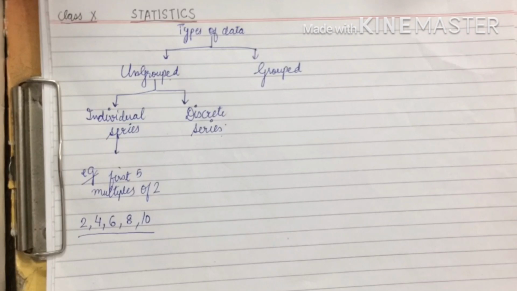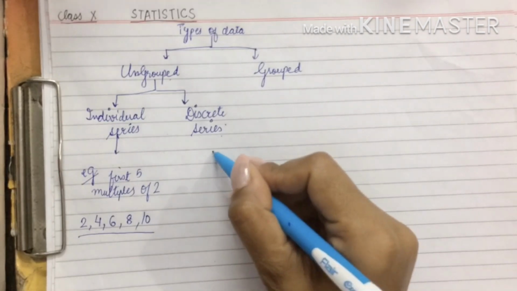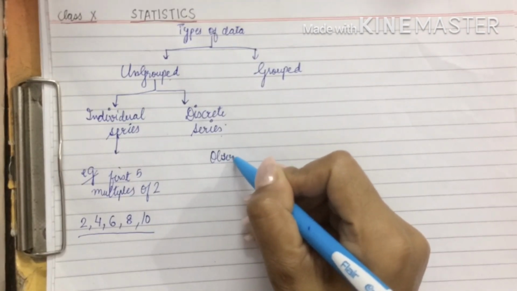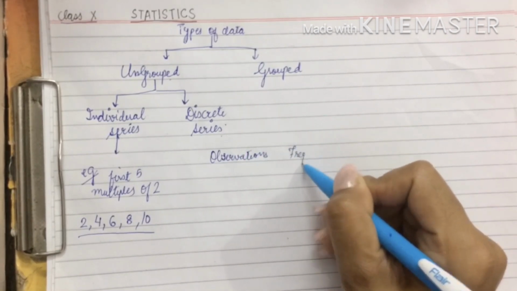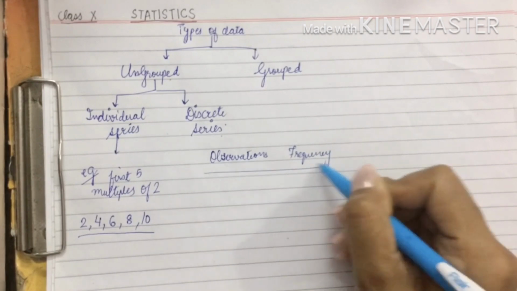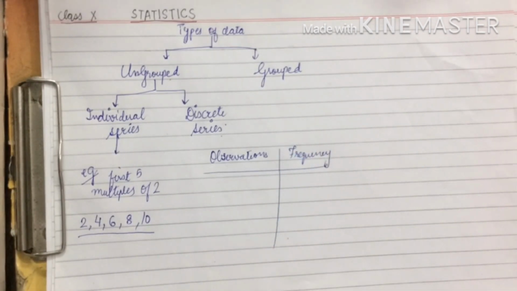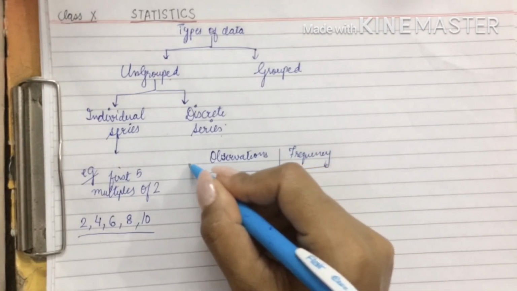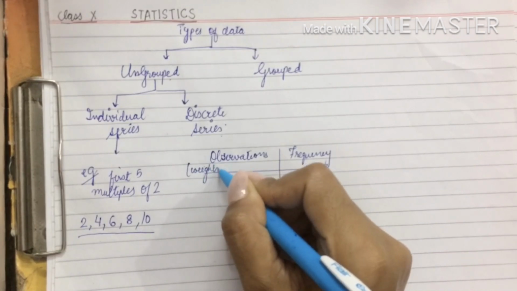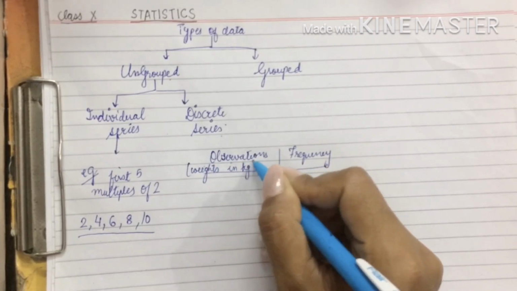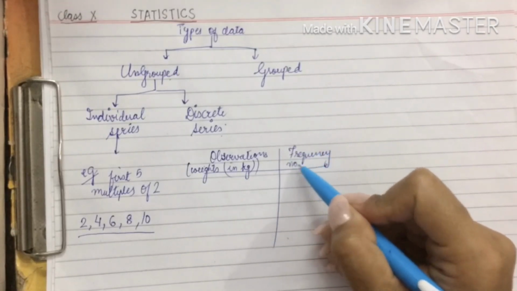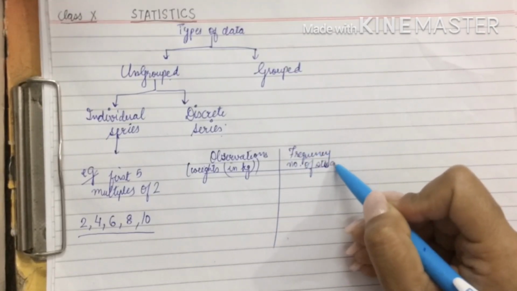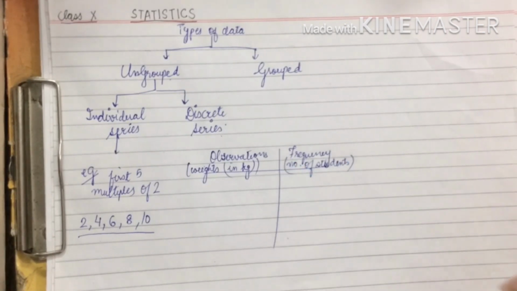So I'll just write an example. You have been familiar with this type of table. You've been given some observations and you write down the frequency for them. So you could write down, if we are noting down the observations as weights for the students of your class in kilograms, and the frequency will tell us how many students have the particular weight.